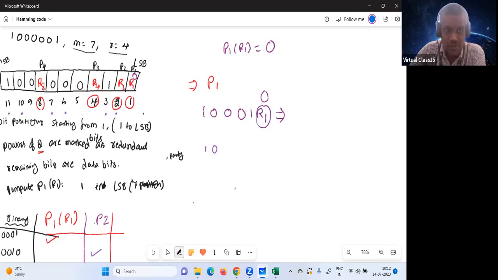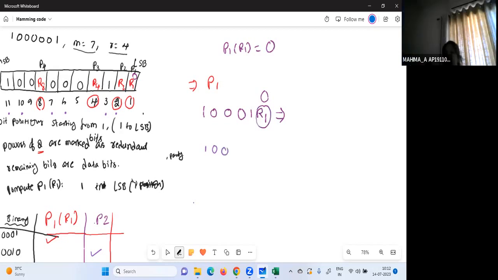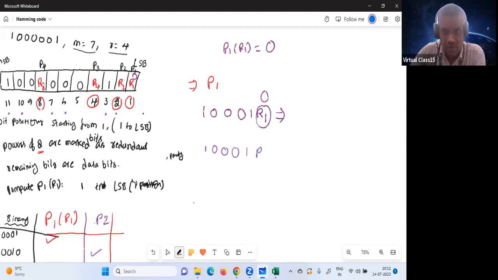What are the marked bits? 1, 0, 0, 0, 1, P2. So whatever the marked positions, the string formed is 1, 0, 0, 0, 1, P2 or R2, whatever it is.